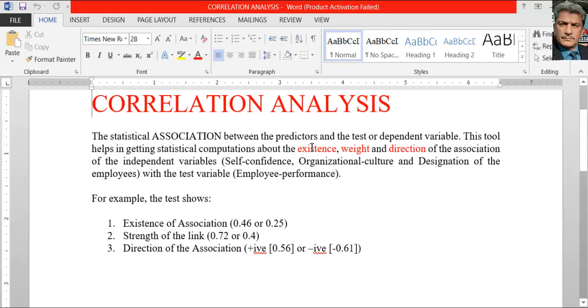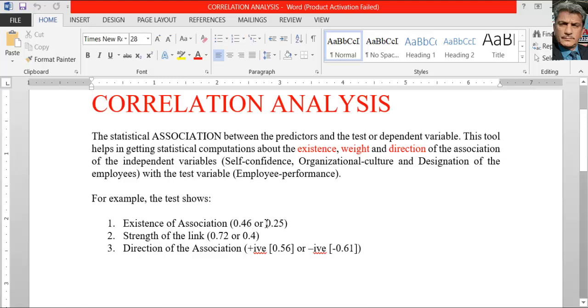By existence, we mean whether or not there is some kind of association between the predictors and the dependent variable. For example, if the R score is 0.46 or 0.25, these two show that there is association.